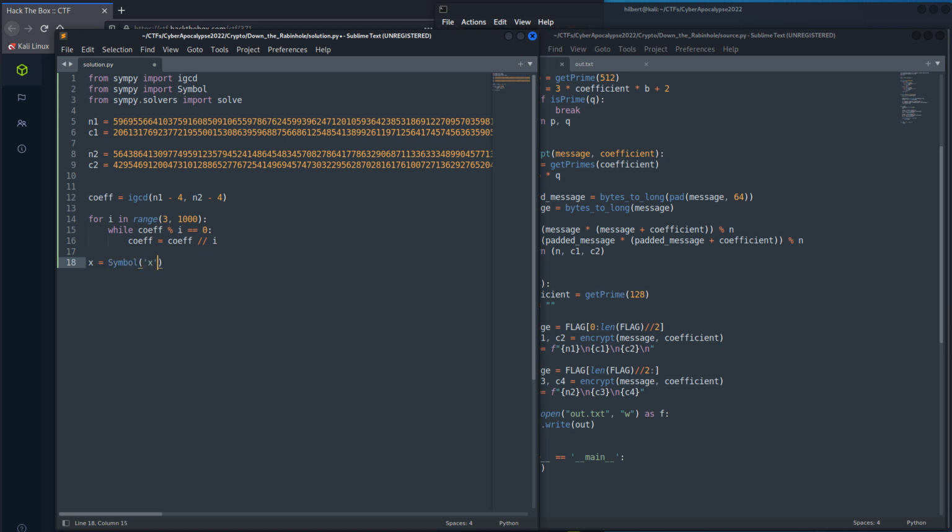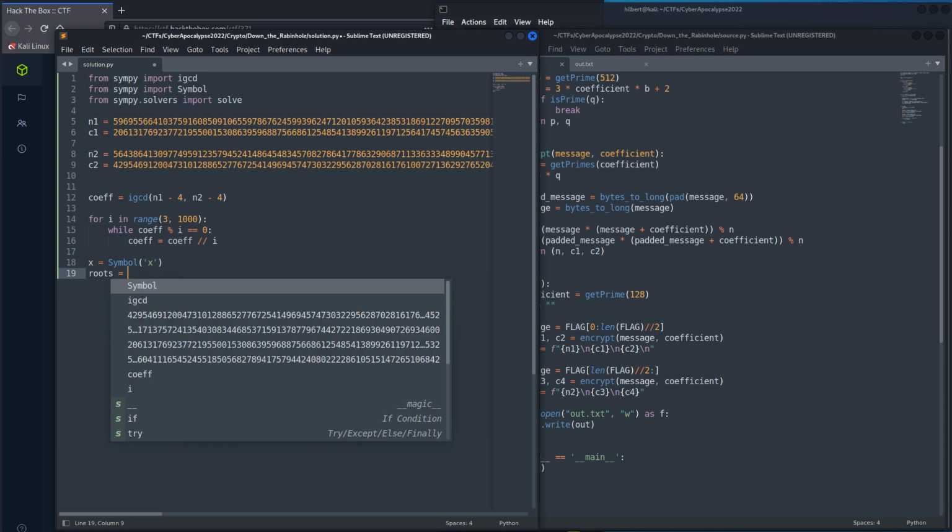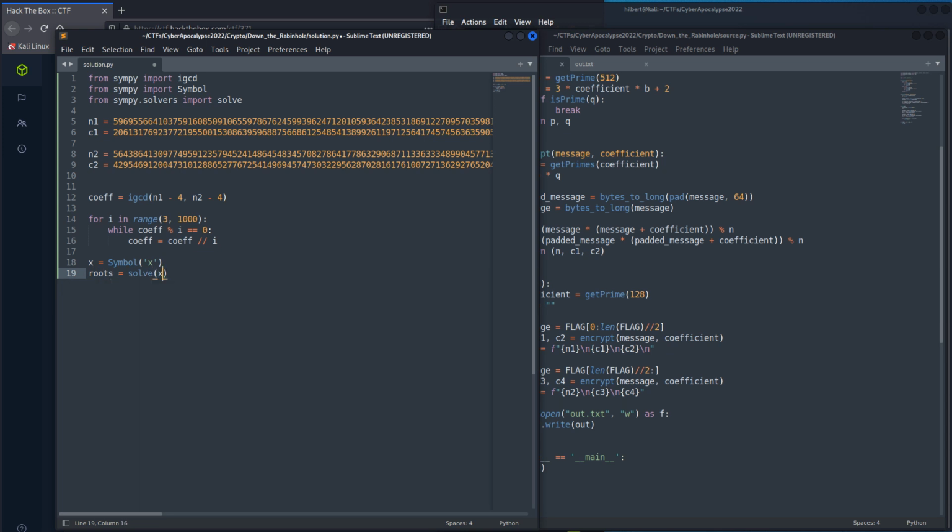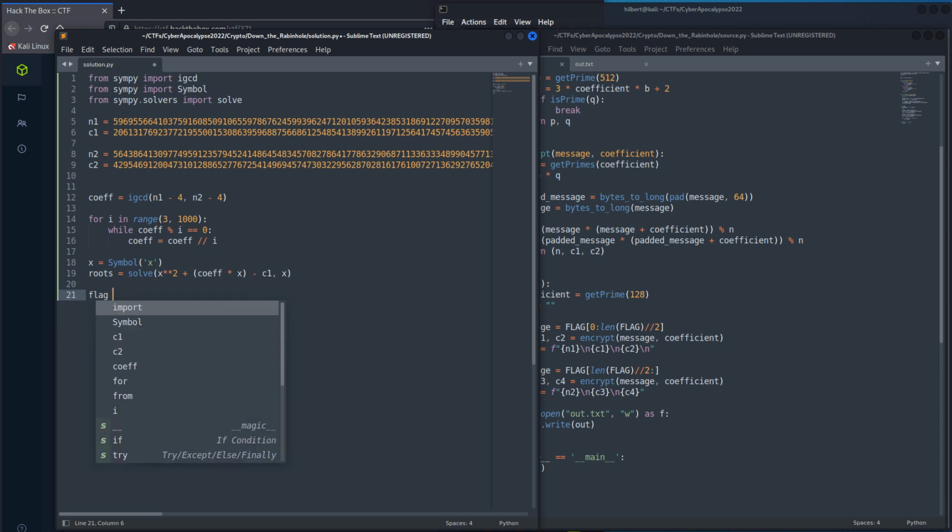I'm going to tell it x is the variable we're using, and then let's just do plus coefficient minus C1, and we're doing that over X. And we know the flag is... I think SymPy returns it as its own integer class thing.